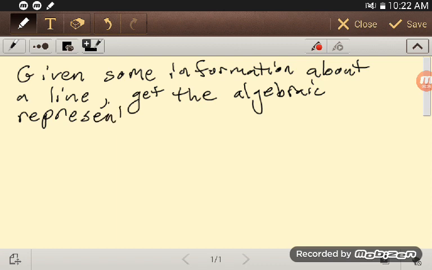So now that information might come in the form of a table, but we'll look at that later.